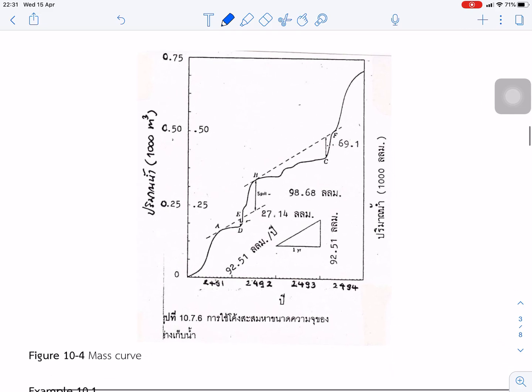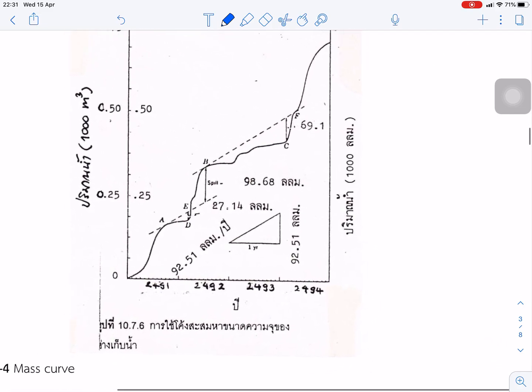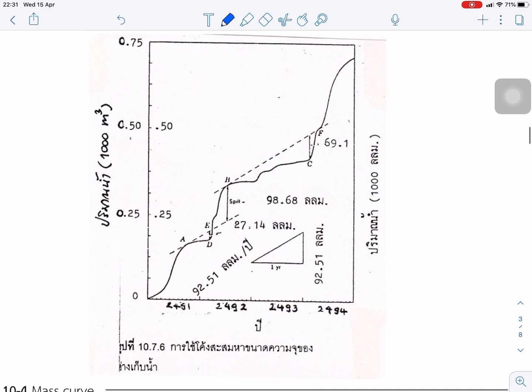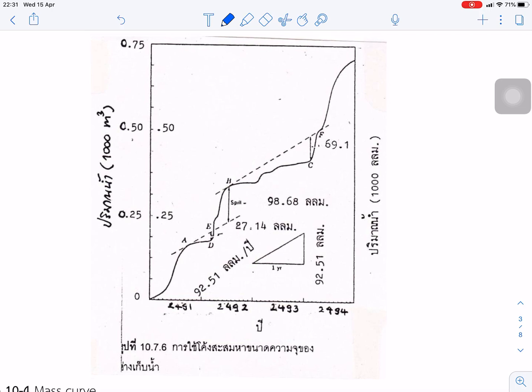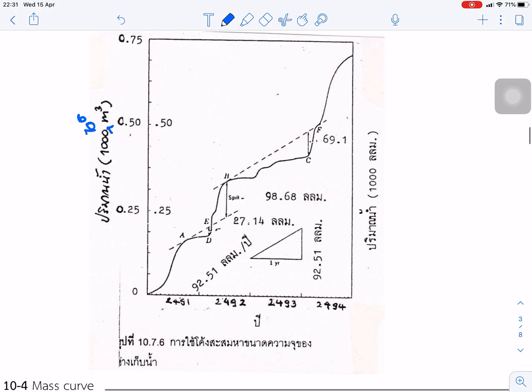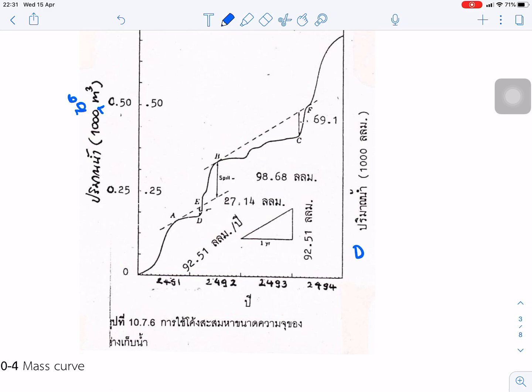And this figure shows a similar way. Okay, we have to correct the scale first. This scale should be 1,000 million cubic meters. Okay, so we start from demand. We know the demand is about 92 million per year.